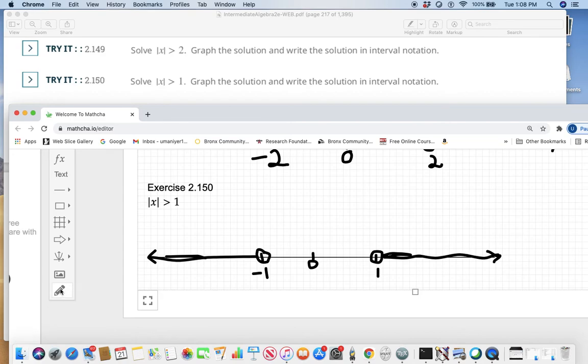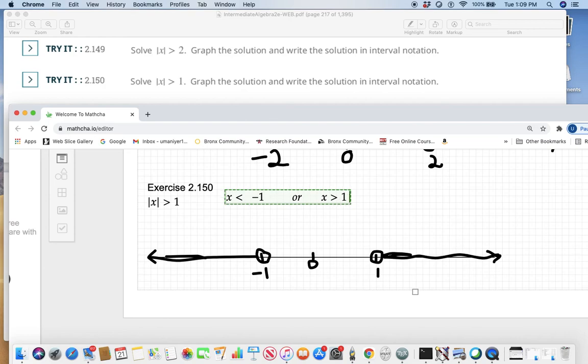That's all you want to say. So you would say x is in this world. So x is less than negative 1 or x is greater than 1. So x could be here or x could be here.